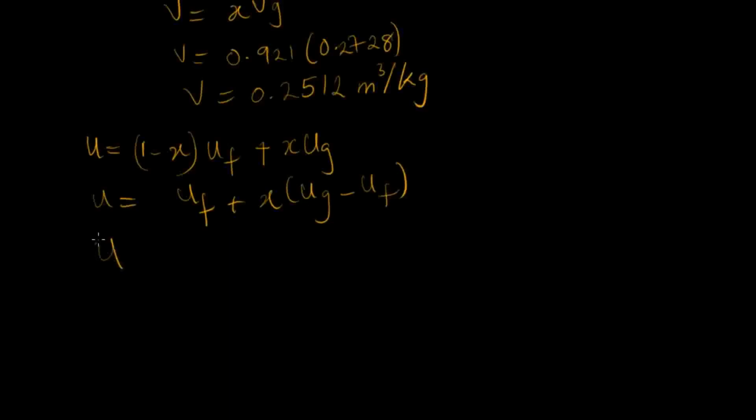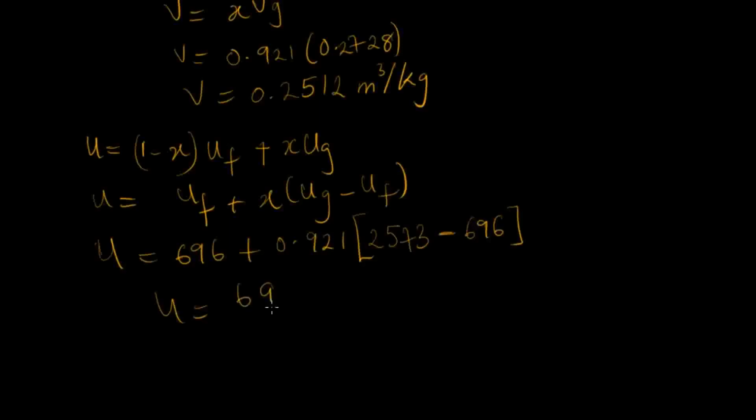So specific internal energy will be, you know the value of uf from the table, and what is it? 696 plus, you know, our dryness fraction, you know, our ug. Our ug is 2573 minus uf. What is our uf? 696.2. So calculating this, we get that this becomes 1877.